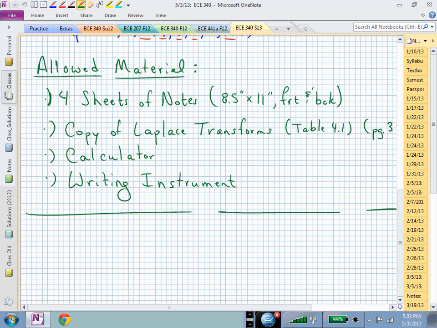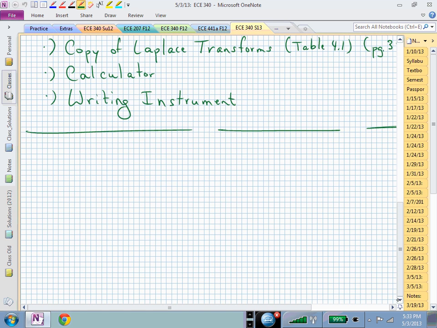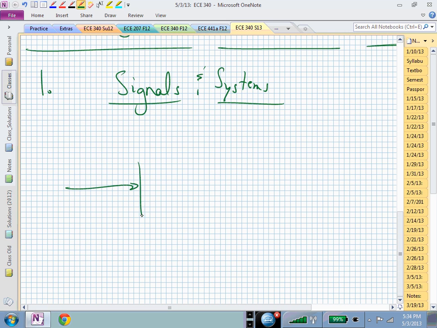I'm simply going to try to walk through some of the topics that we've covered this semester. Remember, I've been referring to this class as signals and systems, and if you keep this in mind, hopefully that will help you if you start to wonder what's going on. Just remember that you are dealing with signals and systems.